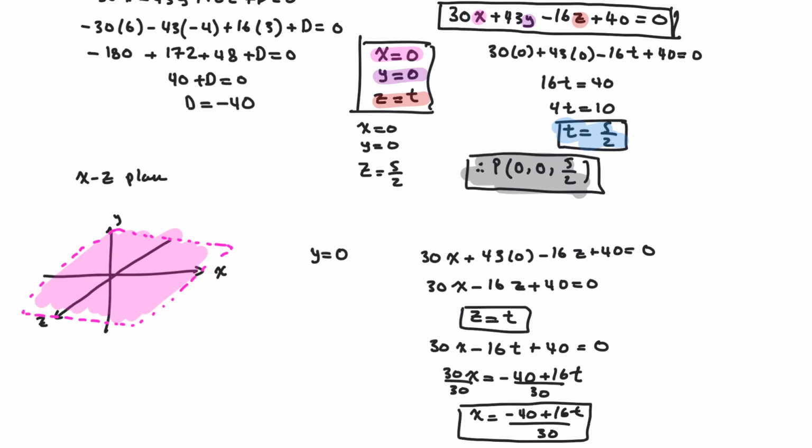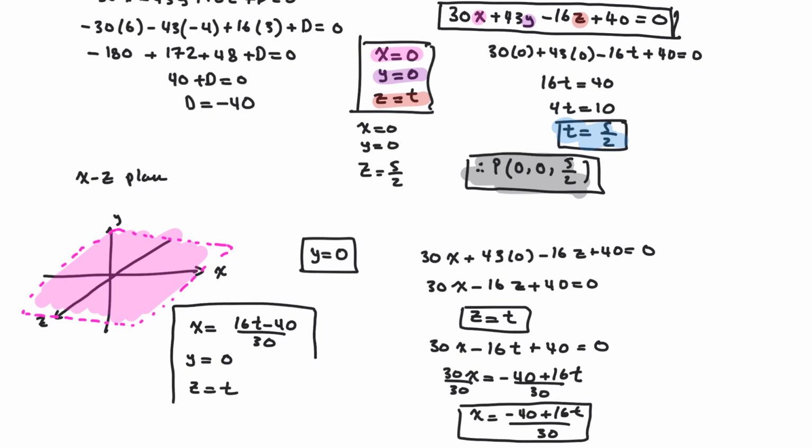This will become the parametric equation of my line, and in this case, we know that y is equal to 0 is my other one. So the line at which they will meet will have x value of 16t minus 40 over 30. It will have y value of 0, and it will have z value of t. And that will be the line at which the two planes will meet.